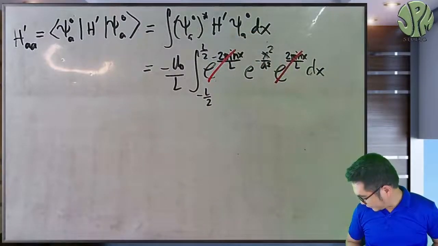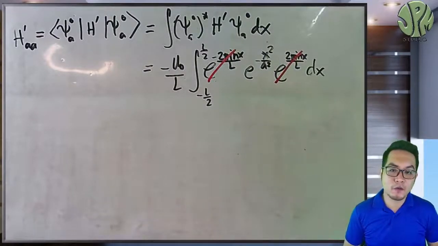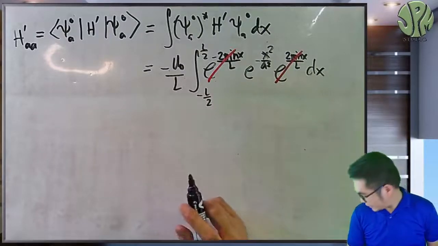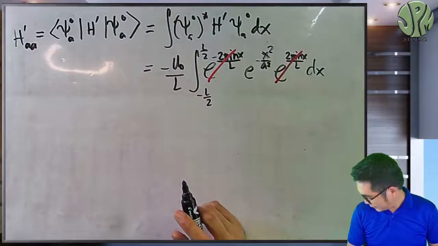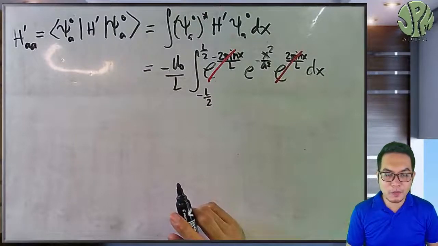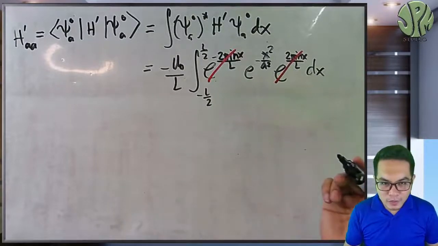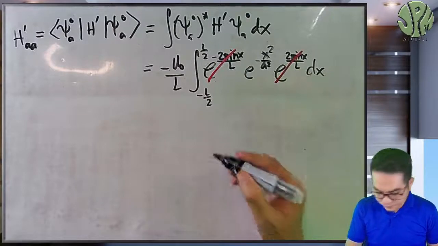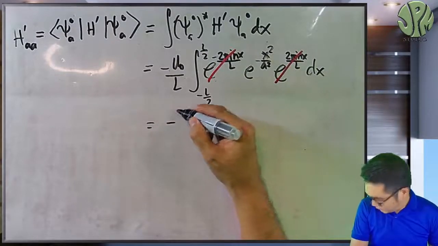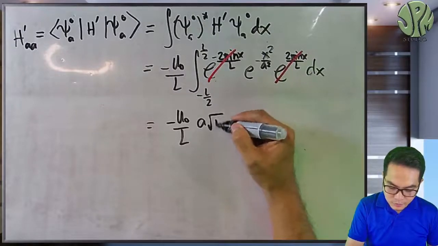So that one. You look for an integral formula here. This is actually a Gaussian integral, or similar. Yeah, it's a Gaussian integral. If you recall, we have used the Gaussian integral formula before, so you recall that one, and this will give you a value of negative U naught over L. So the answer to this integral is actually a square root of pi.